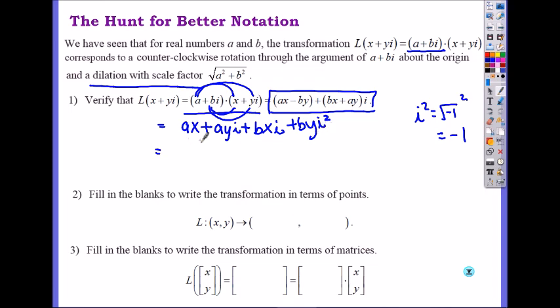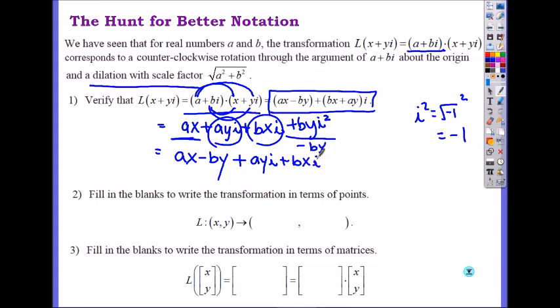So let's put the x's and y's together. So it is ax, and this became negative by, right? So put negative by, and let's put the i's together. So here, plus ayi and bxi. So here, I have ax minus by, plus here we have i's in common, right? So let's take out i.